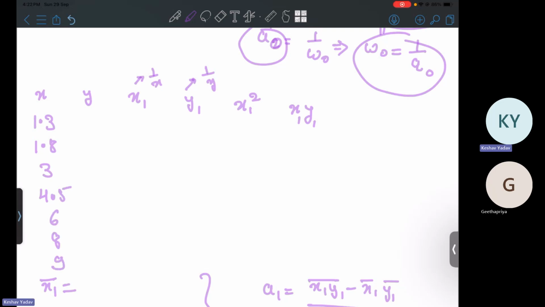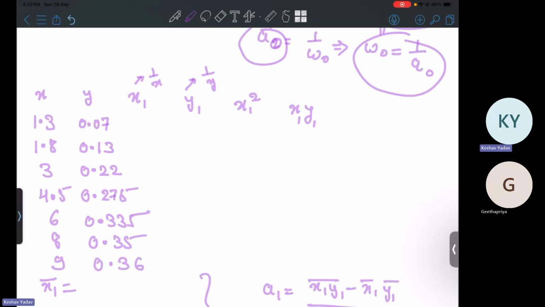Okay, this is the data we have. For Y, we have 0.07, 0.13, 0.22, 0.275, 0.335, 0.35, 0.36. Okay, this is the data we have.